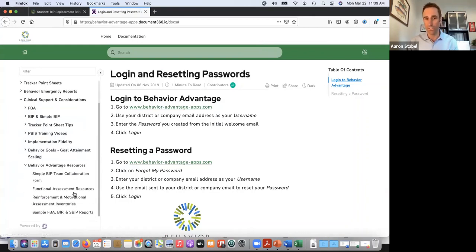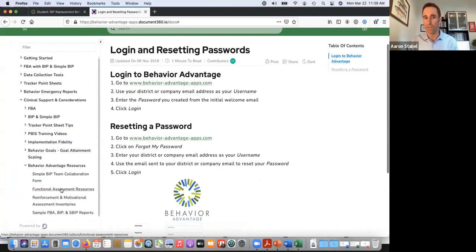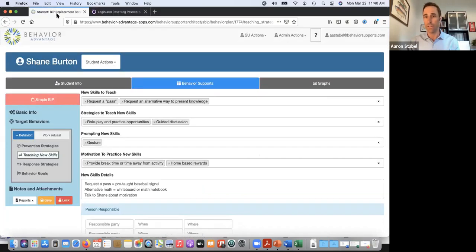There are resources for simple BIPs, functional assessment, reinforcement assessment. It goes on and on. We actually have universities utilizing Behavior Advantage to teach their graduate students in FBA and behavior planning, and they're adopting a lot of this content as their curriculum. So using Behavior Advantage can really expand capacity in your agencies.